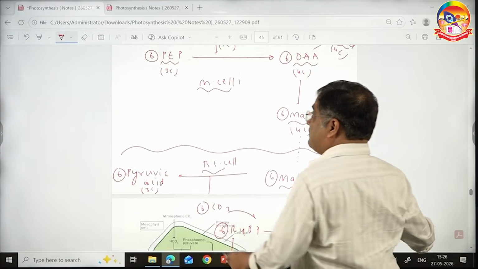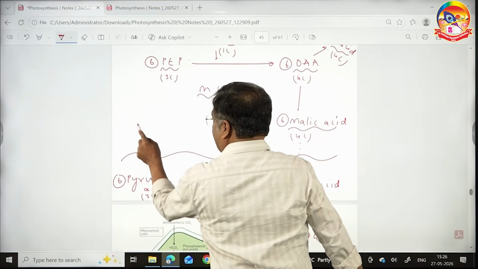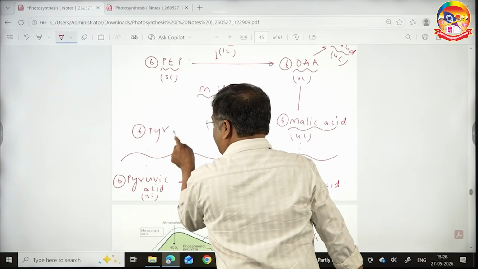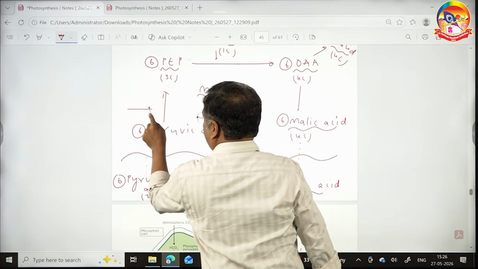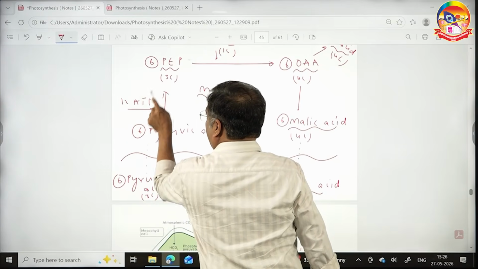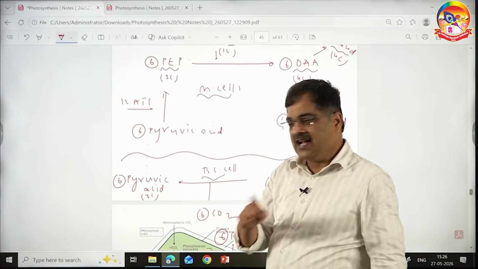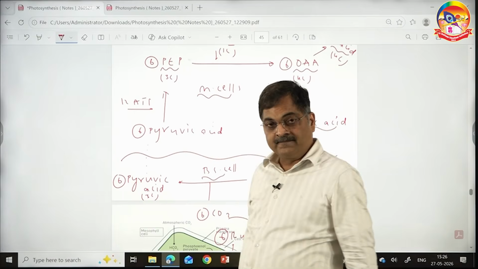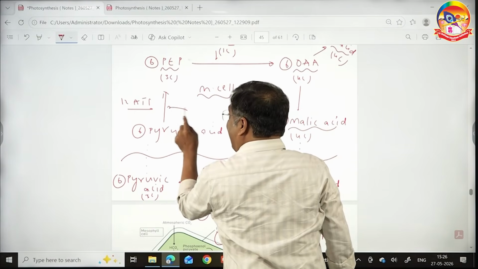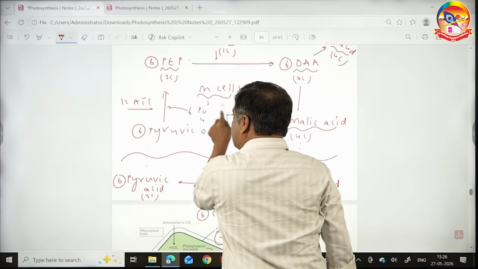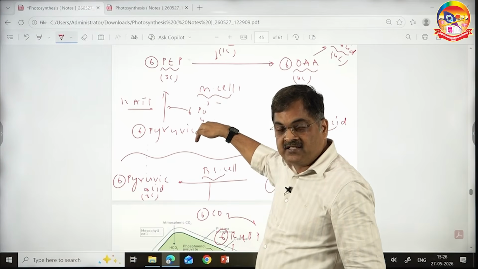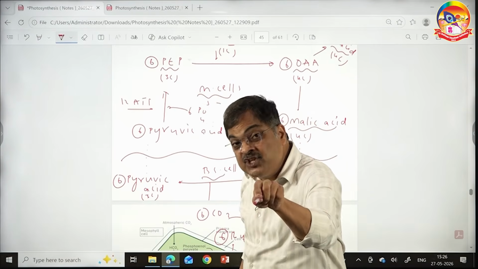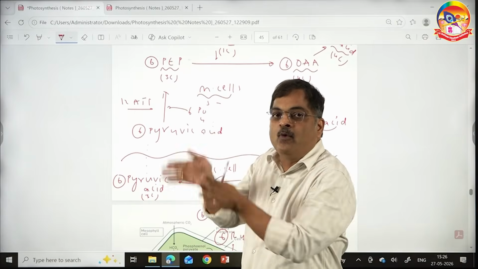All right, then this pyruvic acid, its job is over. Now, in the presence of ATP, 12 ATP molecules form phosphoenol pyruvic acid. You have a doubt? 6 molecules by 12. In order to add 1 inorganic phosphate to 1 pyruvic acid, I require the energy of 2 ATP molecules breaking down.